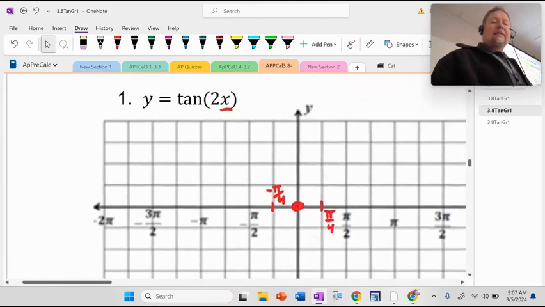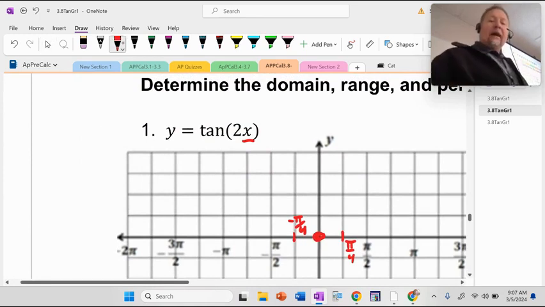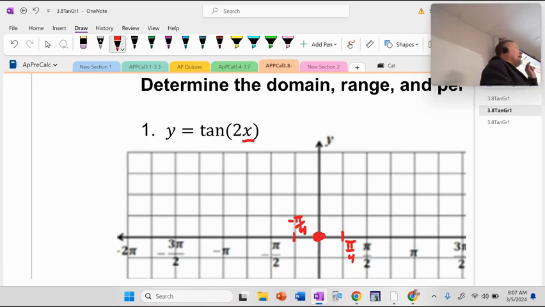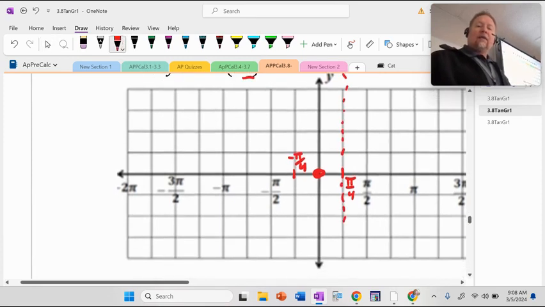When I plug in pi over 4, 2 times pi over 4 is pi over 2. And then what's the tan of pi over 2? Undefined.